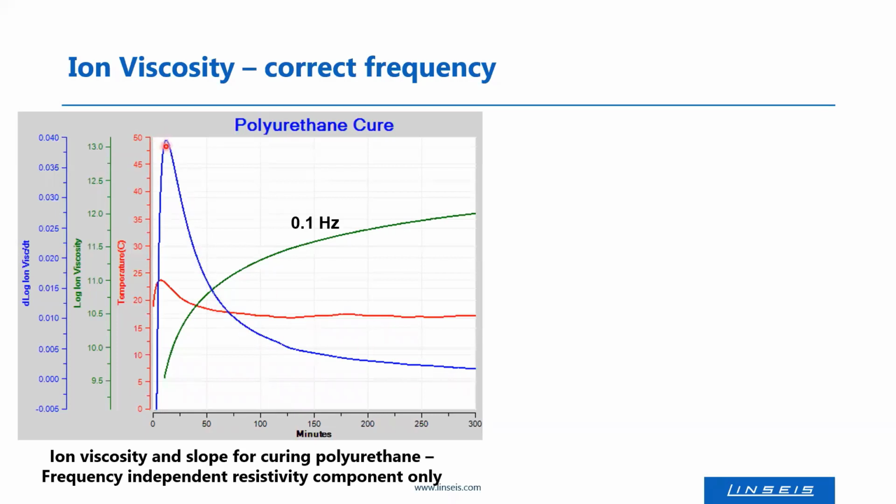So we have here a maximum speed at the beginning, and then the speed slows down and is quite slow here at the end, but still continues. A curing reaction can occur over hours and days until the final cure is reached.